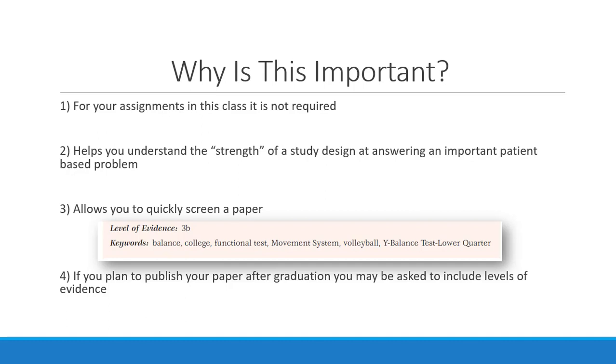And then finally, if you plan to publish your paper after graduation, and I know that has been something that people have considered in the past, you may be asked to include levels of evidence in your paper.